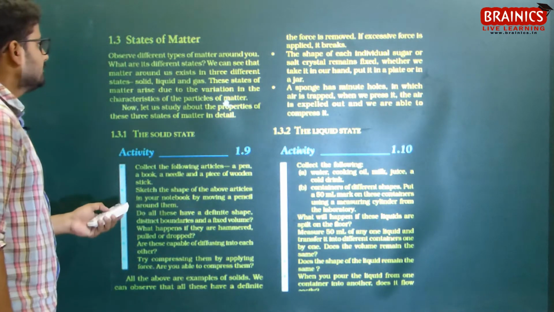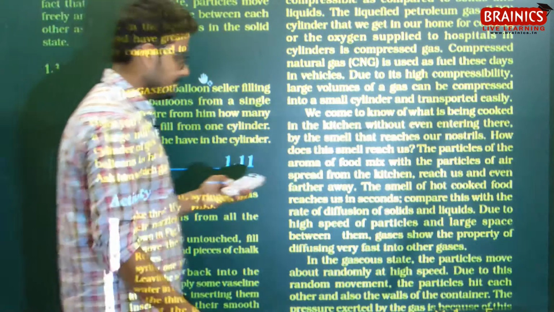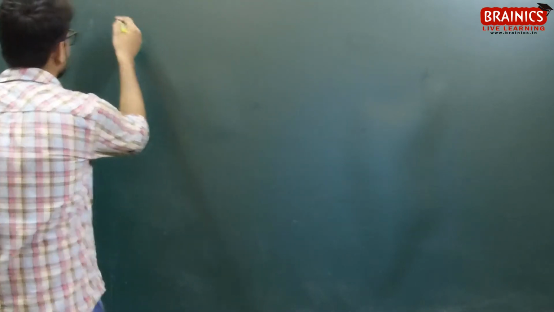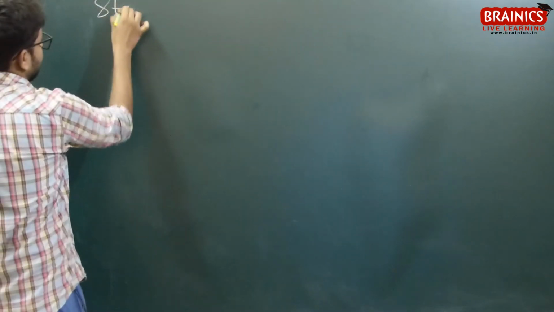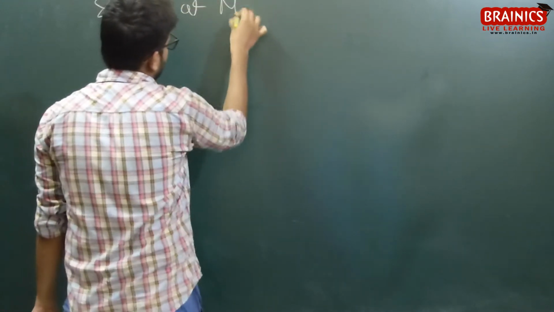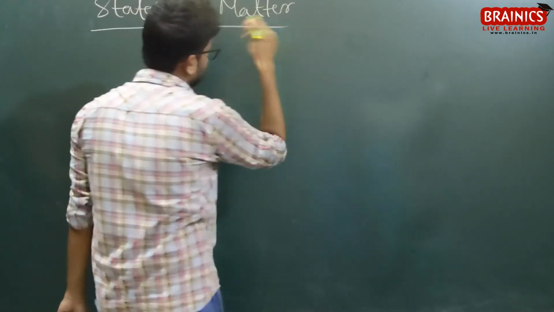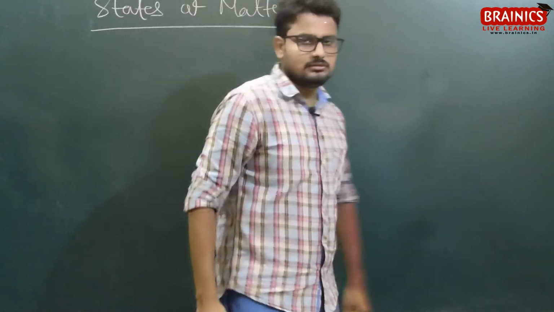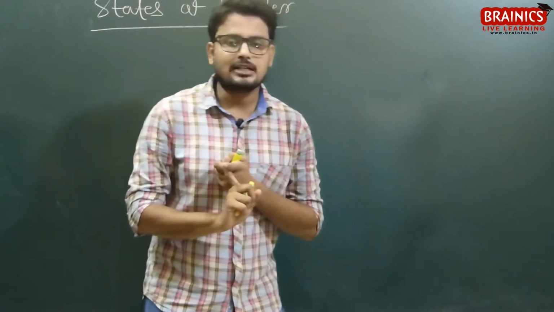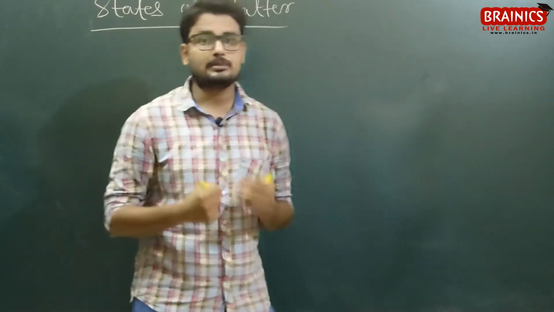Which is states of matter. Let's see states of matter. So what I was saying is that every particle attracts each other, but some particles attract each other with the least force, some with moderate force, and some with maximum force.